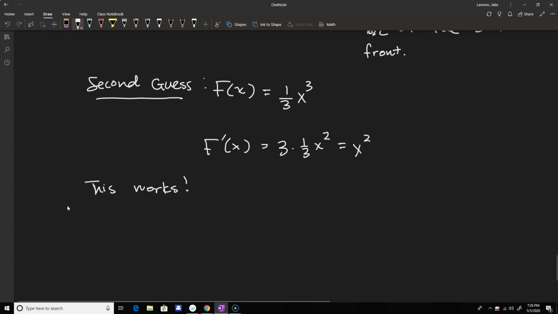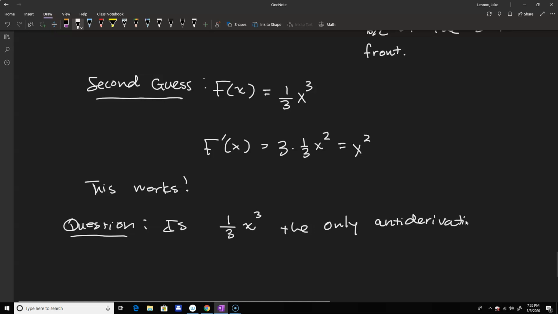So then a follow-up question might be, is 1/3 x cubed the only antiderivative? Is that the only function whose derivative is x squared?